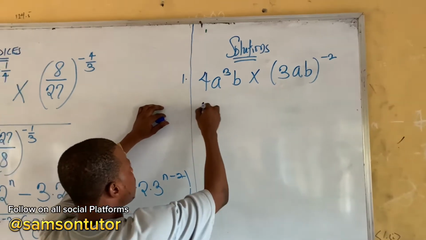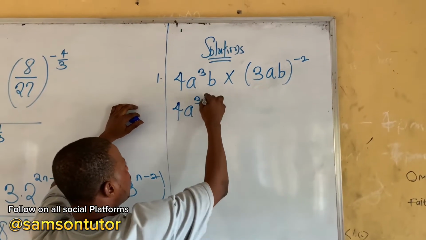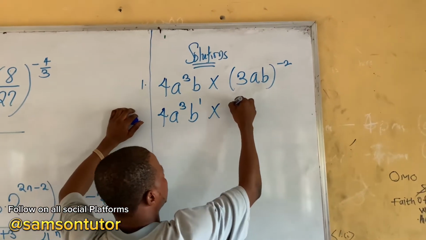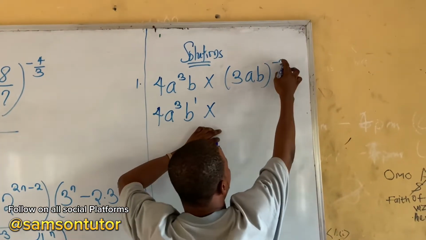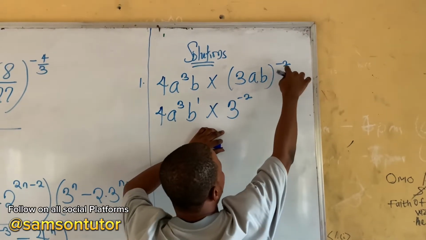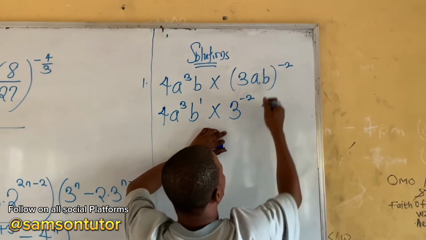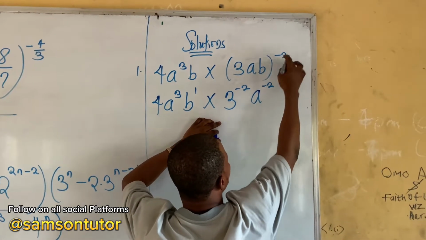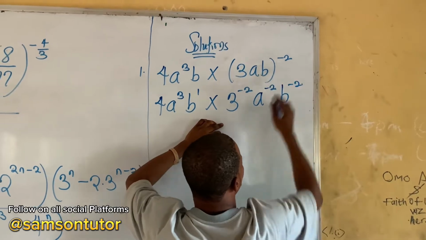So which implies 4a raised to power 3, we have b, there's an invisible one here, times, now look at 3 raised to power minus 2, which implies 3 raised to power minus 2, a raised to power minus 2, and our b also raised to power minus 2.